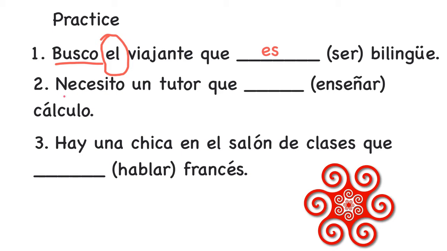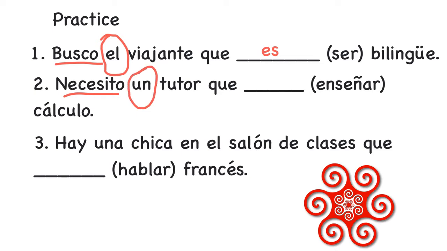Okay, necesito un tutor que enseñar cálculo. Now here also we have an article that is going to determine whether the sentence is going in the indicative or in the subjunctive, and it is un.